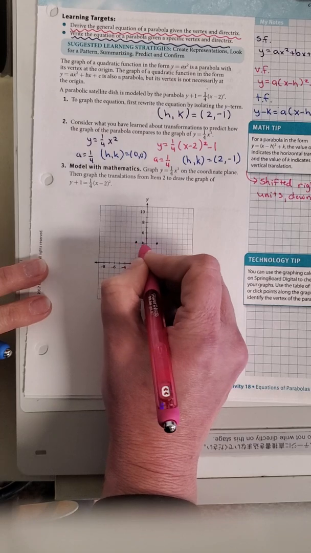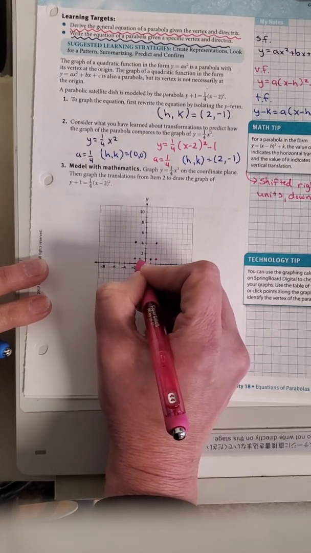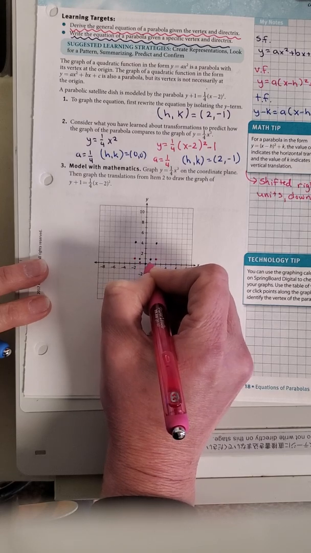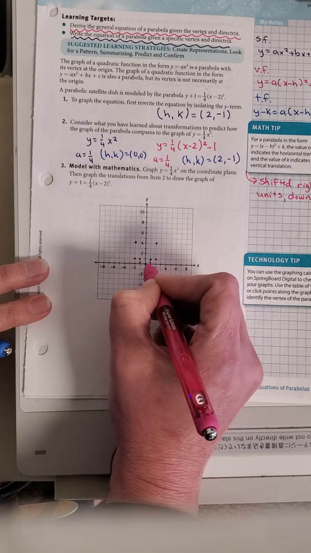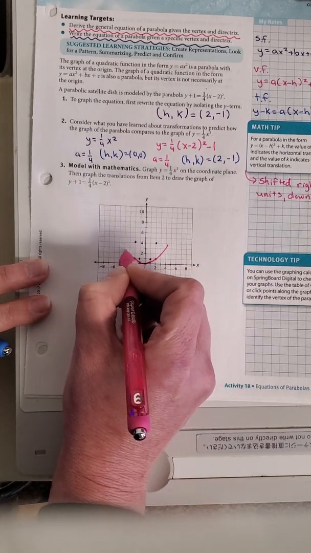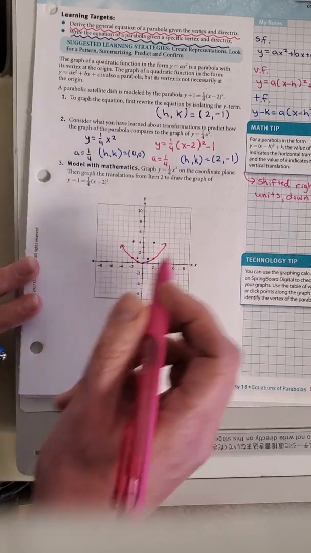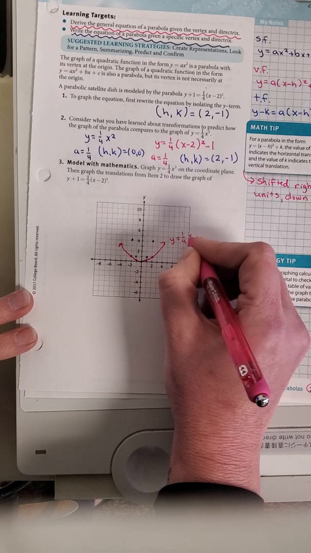So 1/4 of 4 would be 1. 1/4 of 1 would be 1/4. And then 0 would not scale. And so our graph would be much wider than the original. Okay, so that's y equals 1/4 x squared.